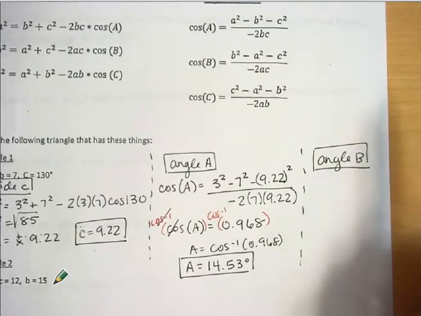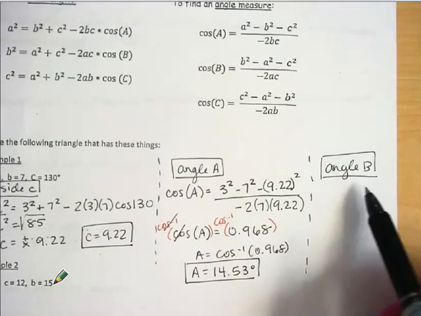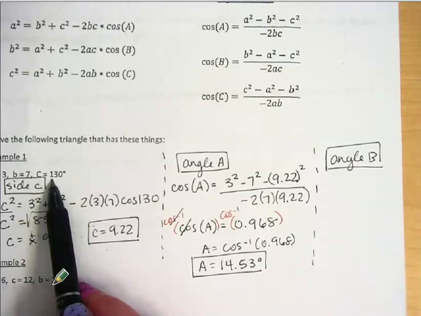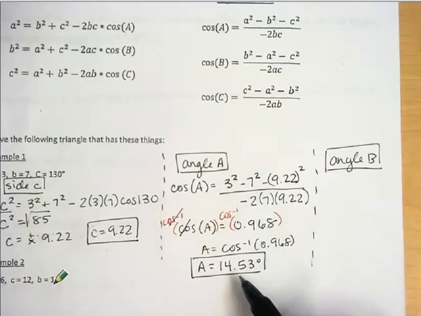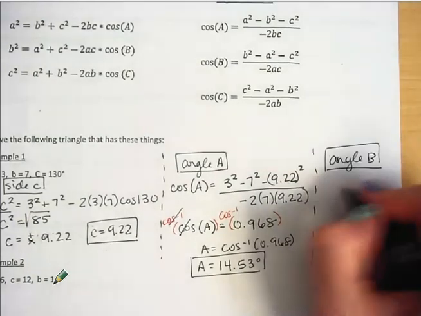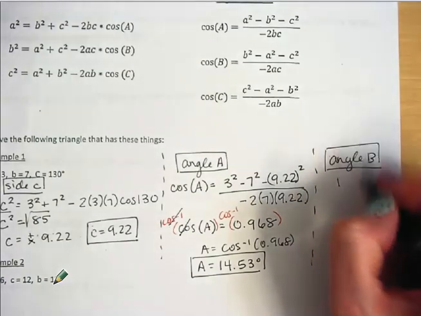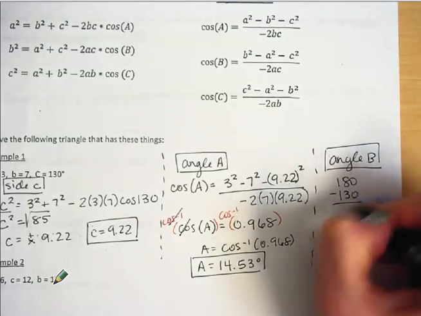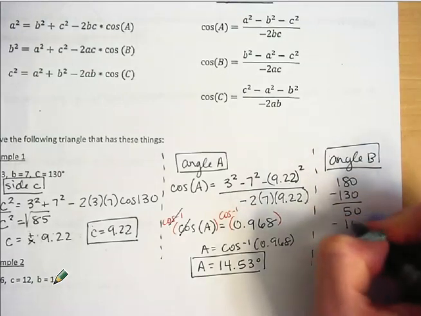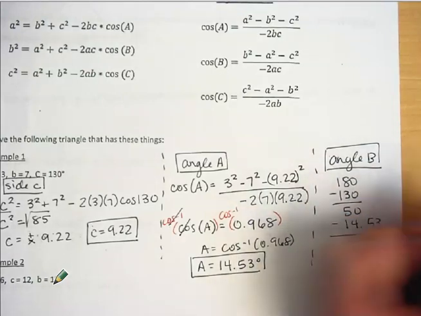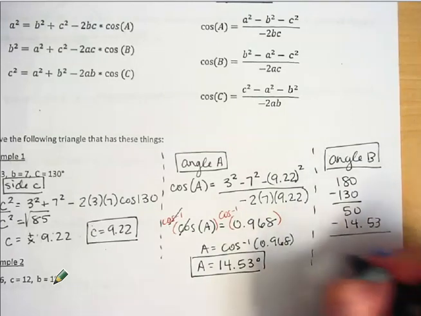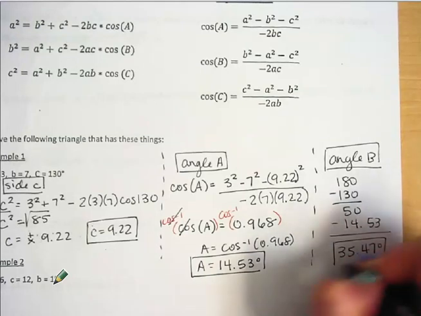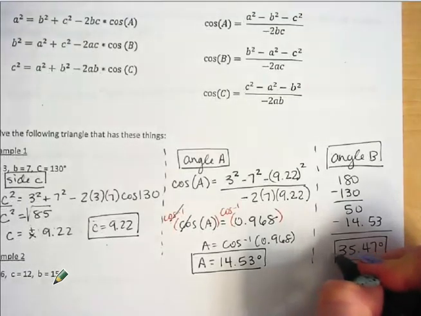And so therefore, I already know that one angle is 130 and another angle is 14.53. So 180 minus 130 is 50, and then 50 minus 14.53 is 35.47 degrees. And that is angle B.